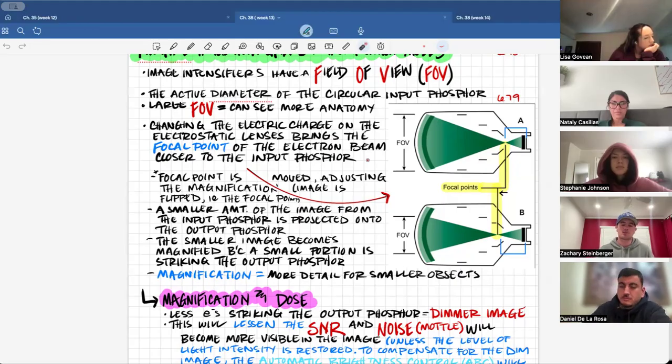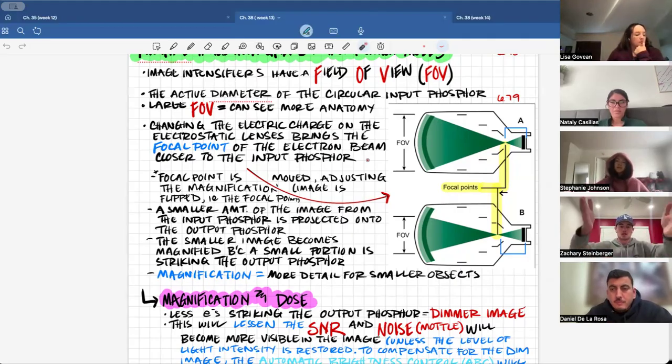I'm not explaining it well, but as it increases in charge, it's going to be closer to the input phosphor. But if there's no charge, then it's going to want to go just in a straight line, even though there's some charge already. Does that make sense? Yeah, it does. Thank you.